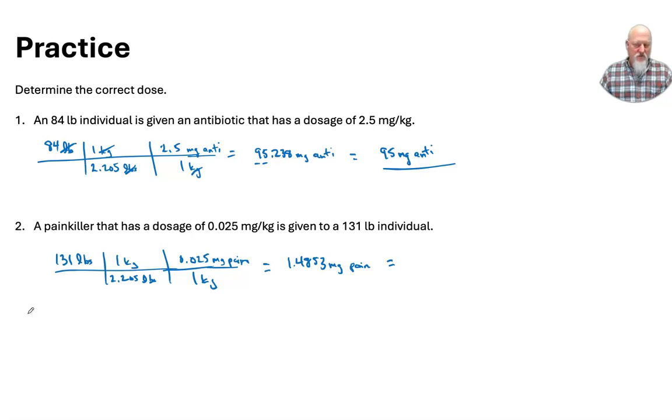Remember, leading zeros don't count. So I'm going to round this to two significant figures. 1.4. The 8 is 5 or greater, so I'm going to round that up. So 1.5 milligrams of painkiller. Right? Again, when you do this really in nursing classes, you're going to go a bit deeper into this, but that's what we'll do for now.